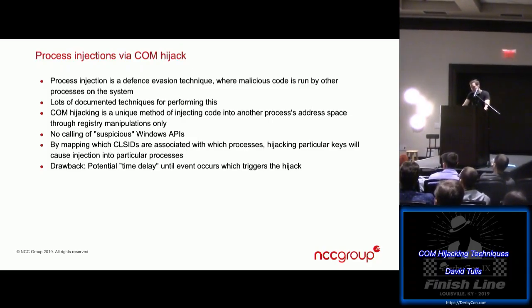The only drawback of using this technique is that there could be some kind of time delay. Until the COM object is loaded and triggered, we're not going to be able to inject, whereas using CreateRemoteThread, that injection is going to be performed almost instantaneously. I really wanted to show a demo of this technique, but the demo gods are not kind. I couldn't get it working last night, so I'm going to have a proof of concept of this within the next week.